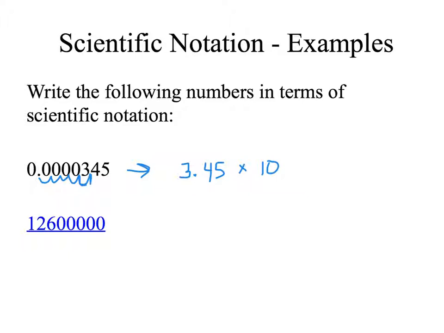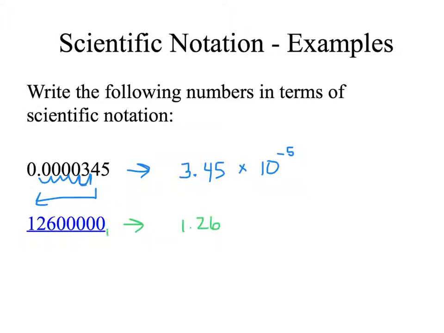Okay. Now in this case, the number was a small number, so in order to get back, we would have to move it to the left 5 places. So we say 10 to the minus 5th. Okay. If in order to get back to the original number you move to the left, it's a negative exponent there. This second value, we would write 1.26.